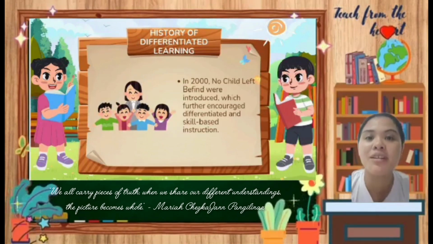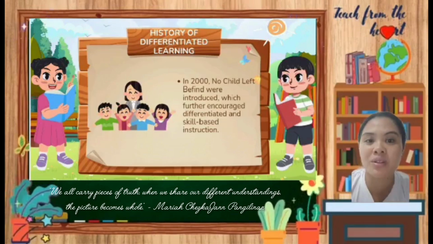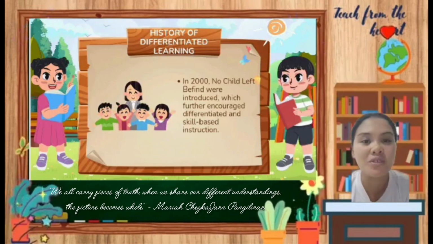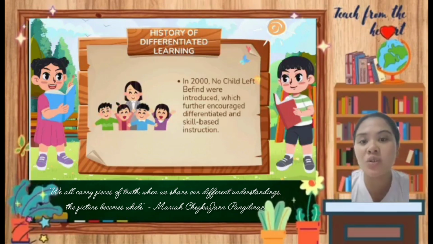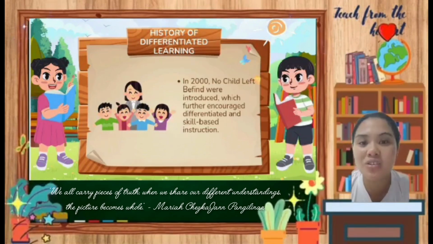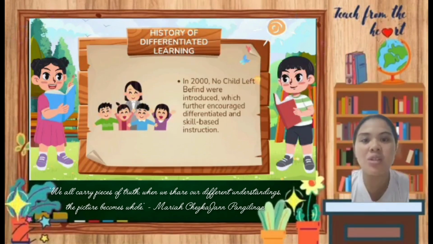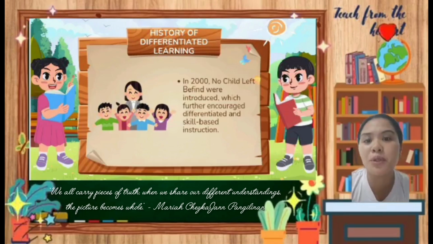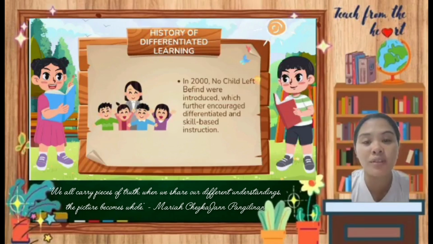Research by educator Leslie Owen Wilson supports differentiating instruction within the classroom, finding that lecture is the least effective instructional strategy, with only 5 to 10% retention after 24 hours.